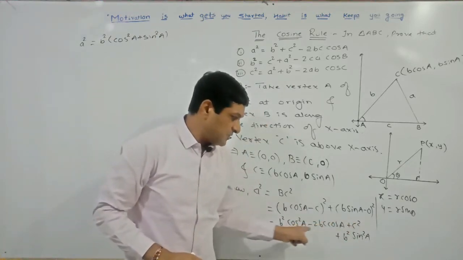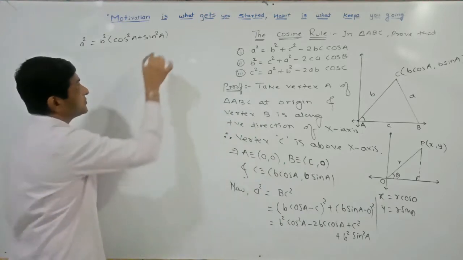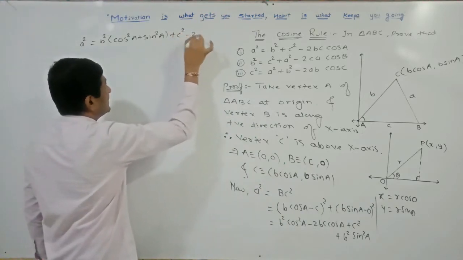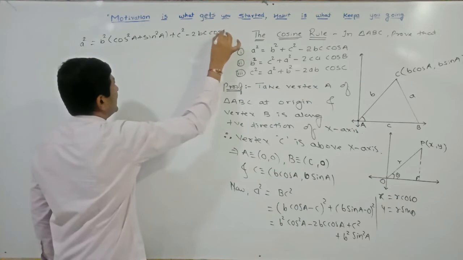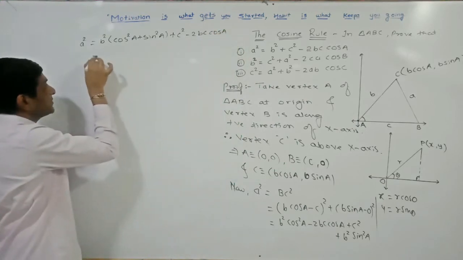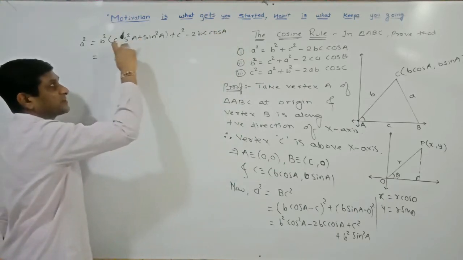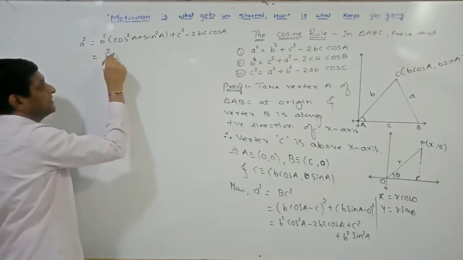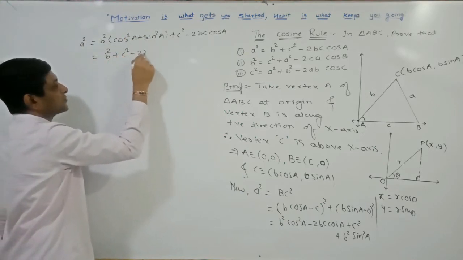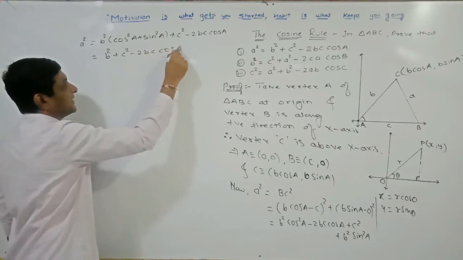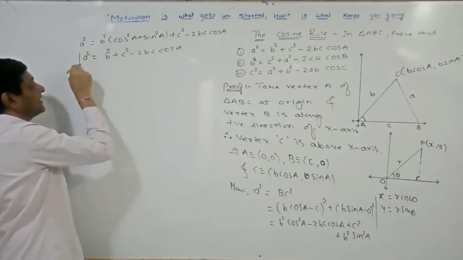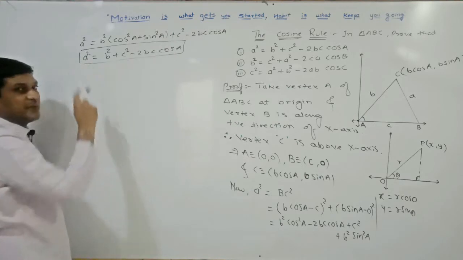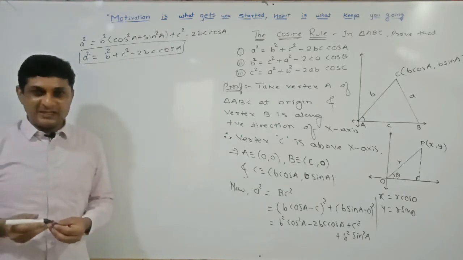Keep these remaining two terms as they are: plus c square minus 2bc cos A. Now according to the trigonometric identity, cos square A plus sin square A is 1. 1 into b square is b square. So b square plus c square minus 2bc cos A. This is the value of a square here. So in this way we have got the value of a square.